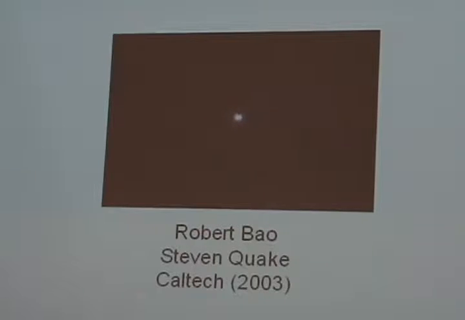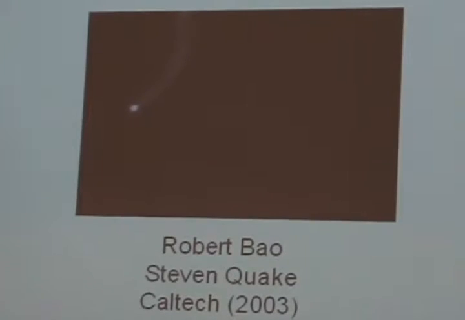This is an absolutely spectacular experiment. The thought of being able to manipulate a single molecule with this tremendous level of control would have been completely inconceivable, I would say, maybe even 20 years ago, even when the technology itself first came out.